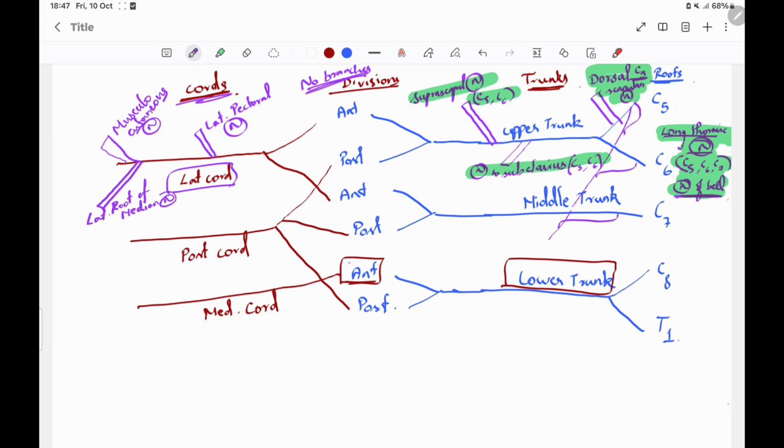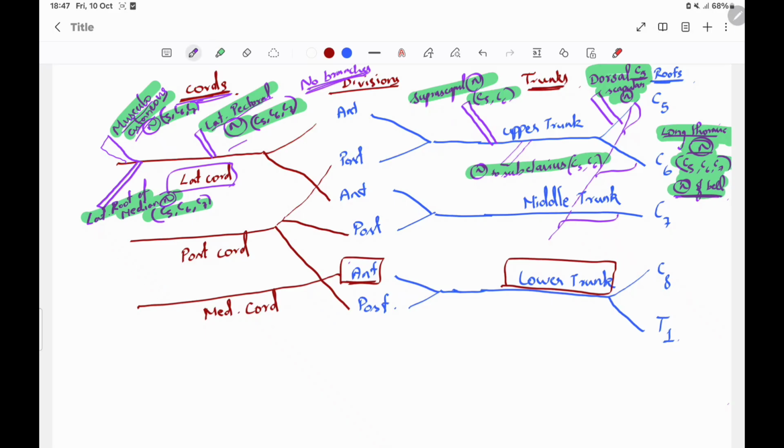The nerve roots are C5, C6, C7 for all three.